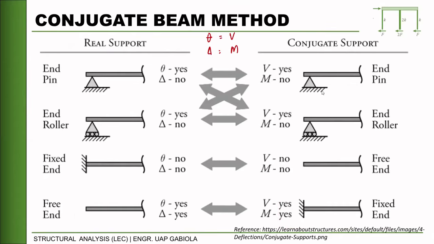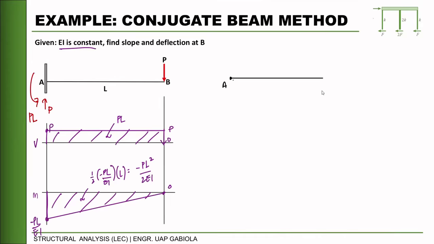So we just need to convert this into a fix. This is our conjugate beam, our fictitious beam.